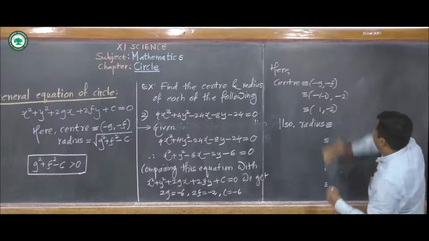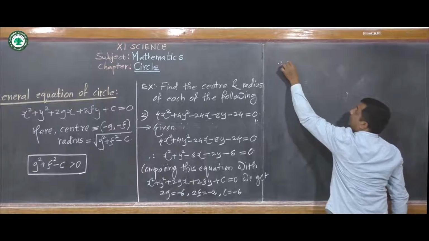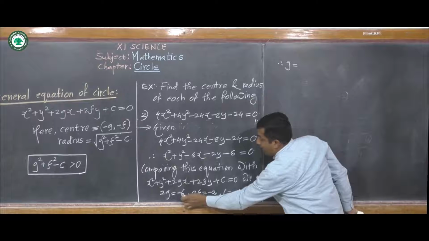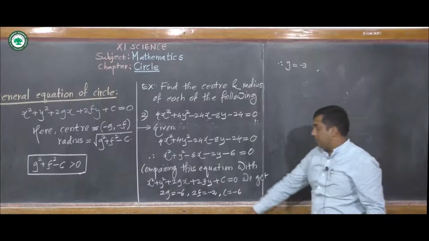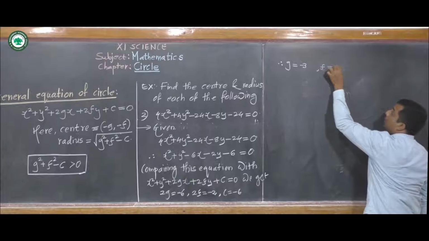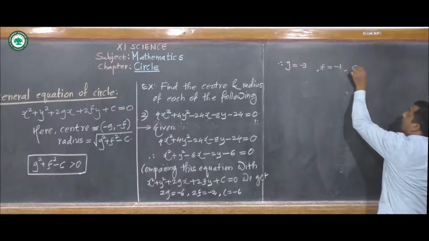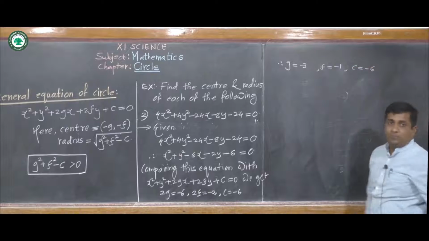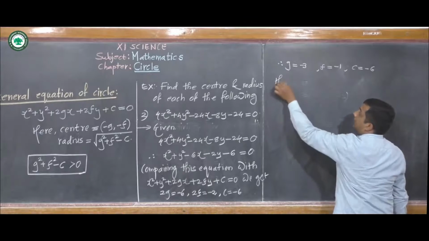Then here I write g separately. Here g is equal to, we know, minus 6 upon 2 is minus 3. Then 2f is equal to minus 2 is given, so f is equal to minus 1, and lastly c is equal to minus 6. Firstly we find the center.